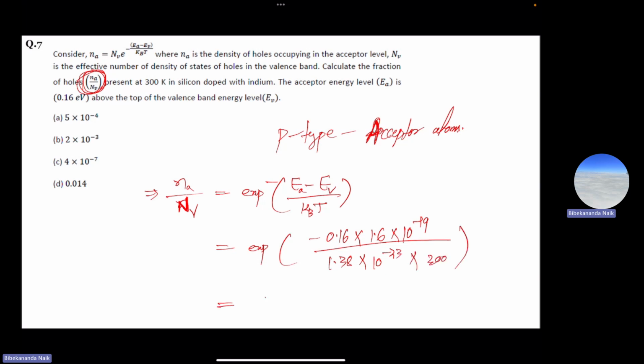If you calculate, it will give you 2 into 10 to the power minus 3. The correct option will be option B.